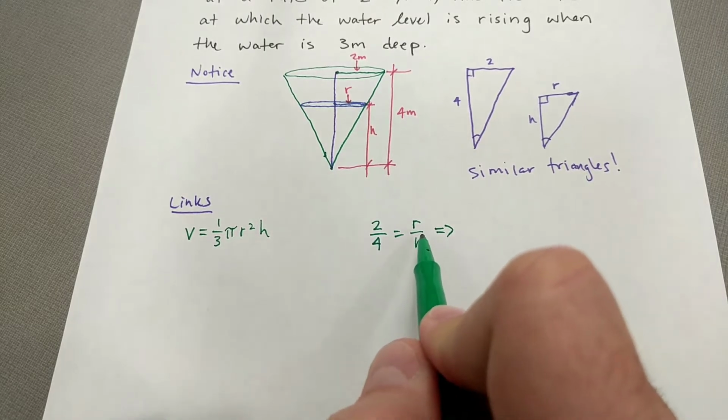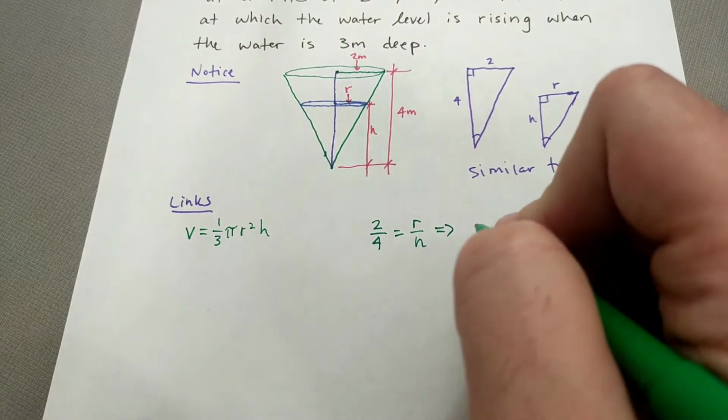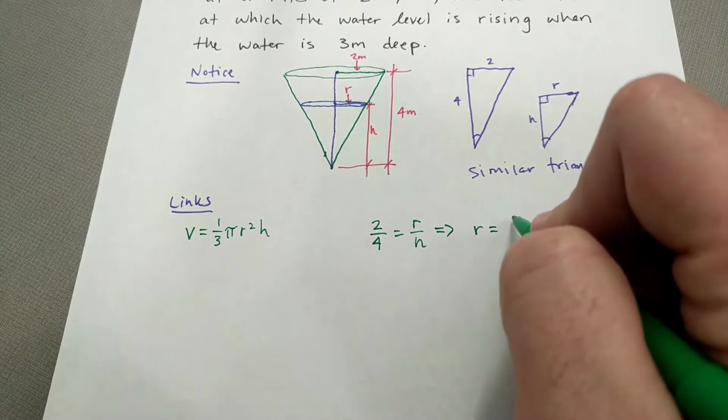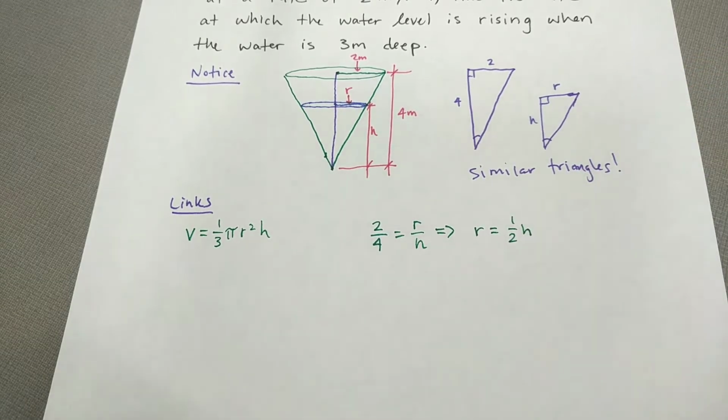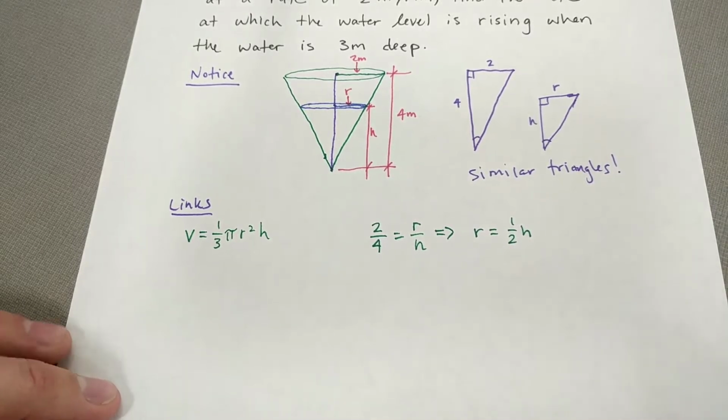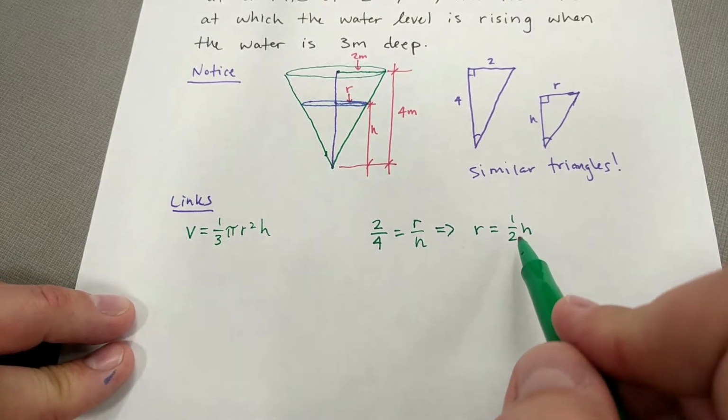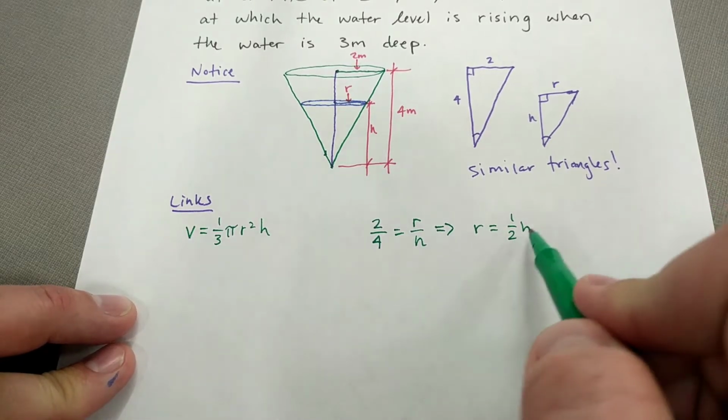So I want to isolate R, which means I need to multiply both sides by H, which will get me a half H. I'm going to reduce that 2/4 as well. With that in mind, I can now substitute this into this.